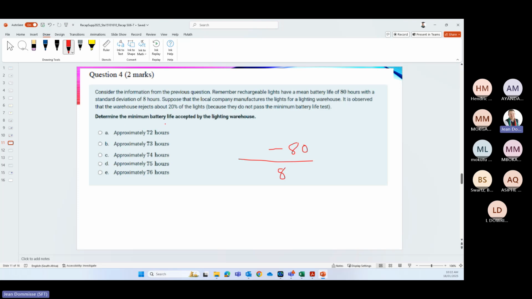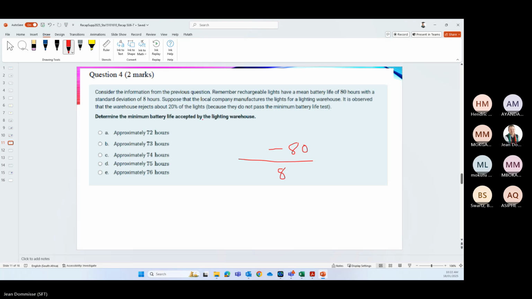Determine the minimum value for battery life accepted by this warehouse. So we basically need to work out what is that X, for those that it rejects, about 20%.